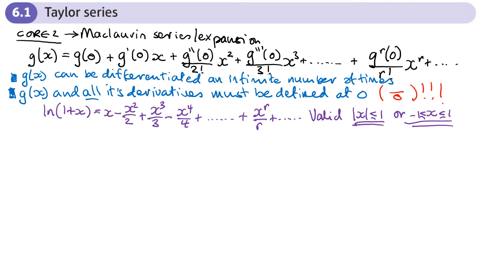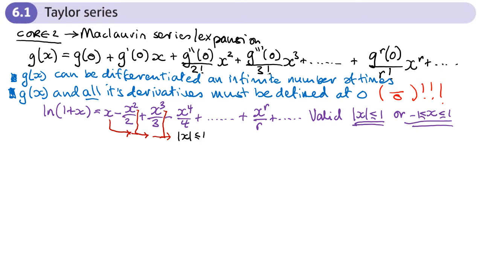So I can't substitute values of x into these bits here and get any answer that makes sense if x is outside of that range. So these values that I substitute in, they've got to be in this range. Yeah. If I substitute outside of that range, the series is going to diverge and I'm not going to get an answer that makes any sense.